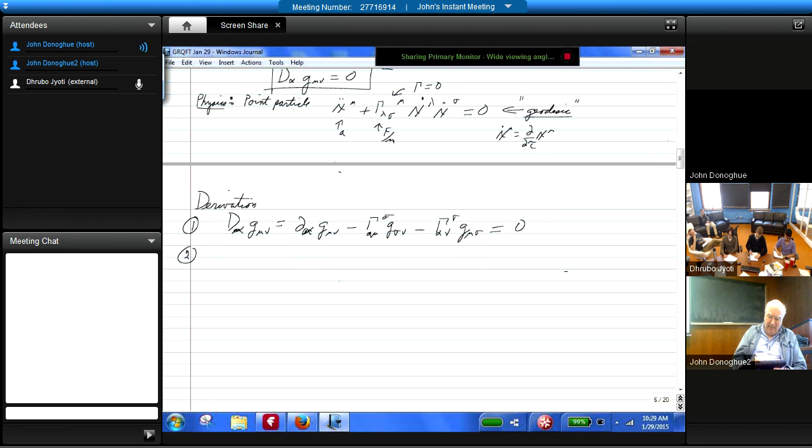So you're right, this is 1, 2. I do permutations on this. D mu g nu alpha is d mu g nu alpha minus gamma g equals 0. You can fill in the things in the 3. You do d nu g alpha mu.